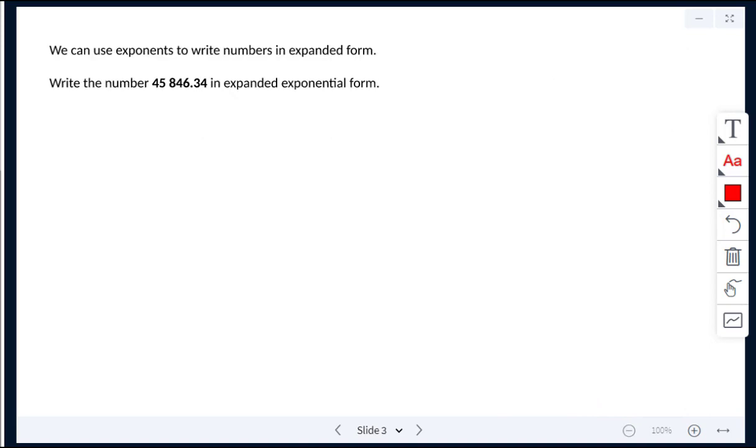All right, so we have our number, 45,846.34, and we're going to write it in expanded exponential form.